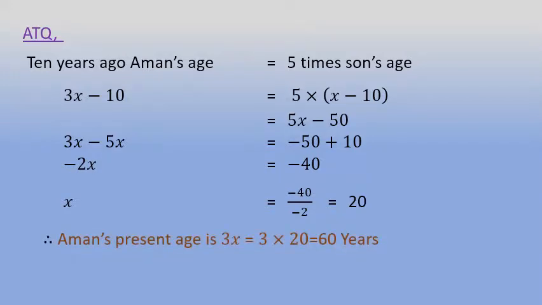That is Aman's present age is 3x, that is 60 years, and son's age is x, that is 20 years. Hence we can say that present age of Aman is 60 years and son's age is 20 years.